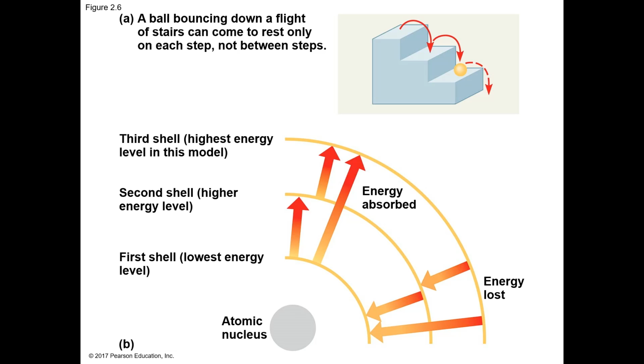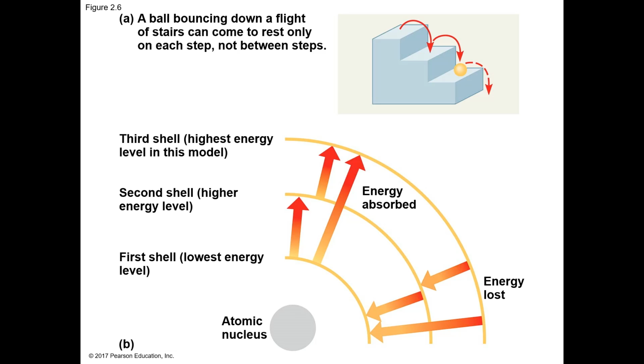So they use this diagram here. On the right side, you have a ball bouncing down a flight of stairs. It can come to rest only on each step, not between the steps. What they're trying to depict here is that these energy levels exist only in specific regions.